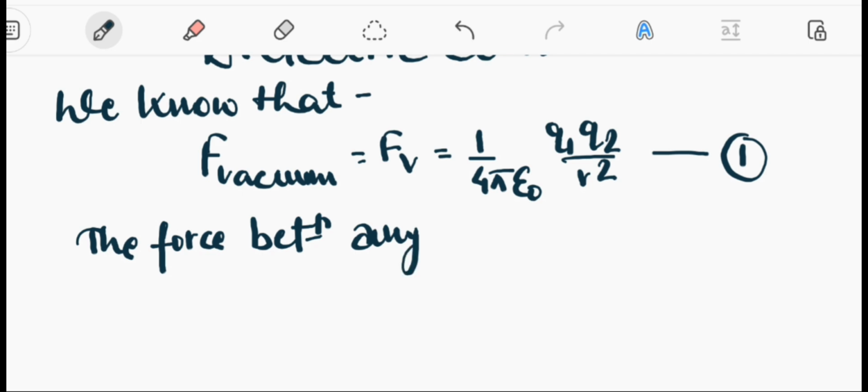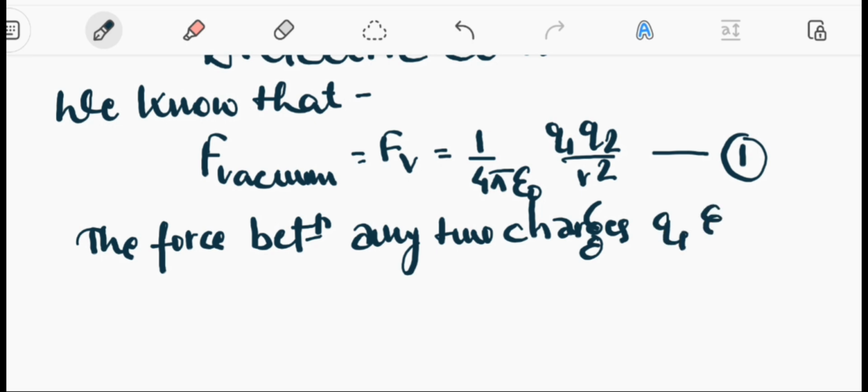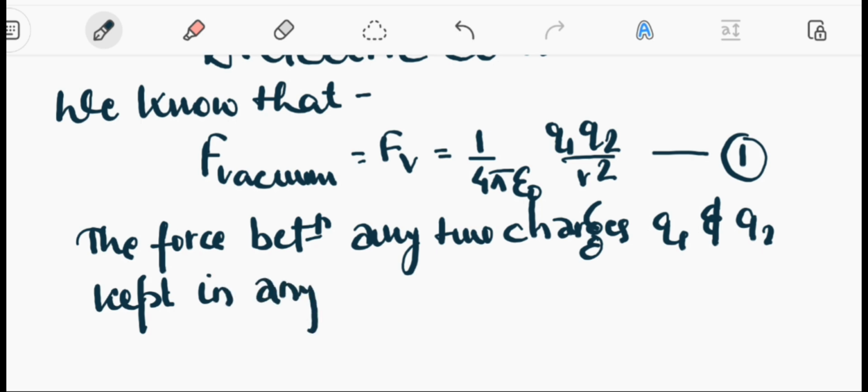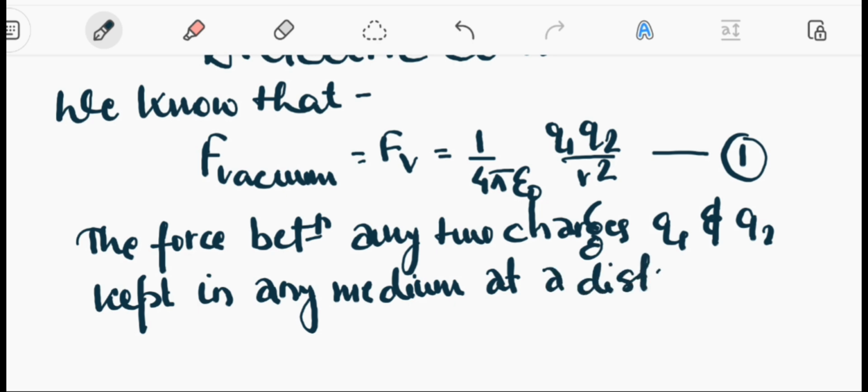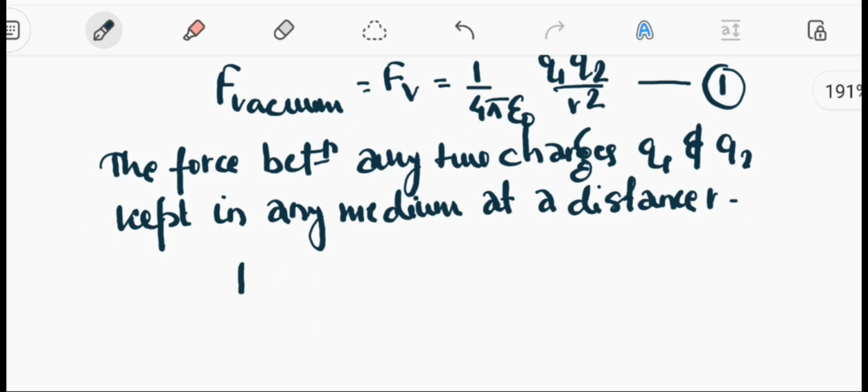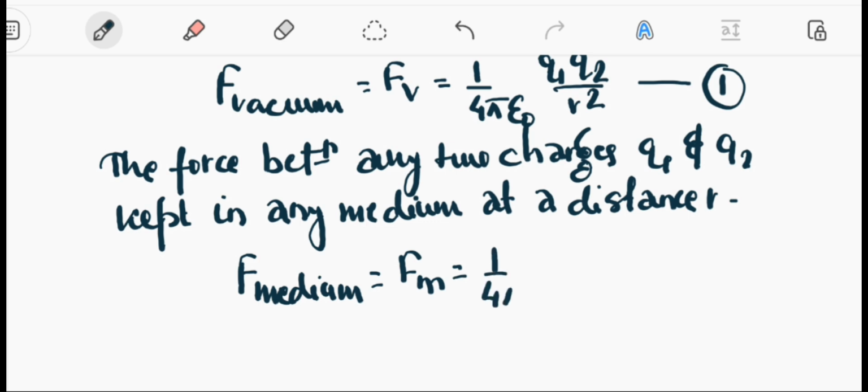any two charges Q1 and Q2 kept in any medium at a distance R. In that case students, the force in the medium that we will be denoting with F small m will be equal to 1 by 4 pi epsilon.